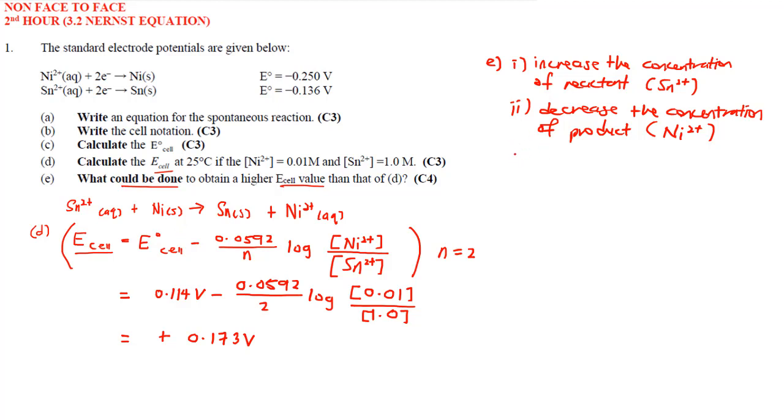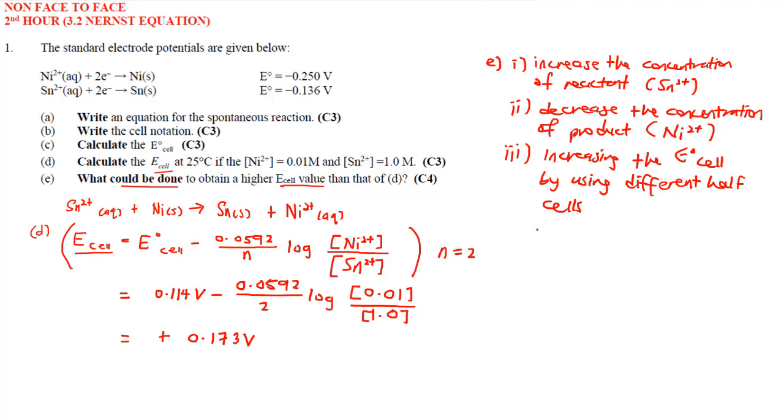Okay, so the third one will be increasing the E naught cell value by using a different half cell. Meaning we change our half cell. We can choose for the anode a half cell with a more negative E naught.